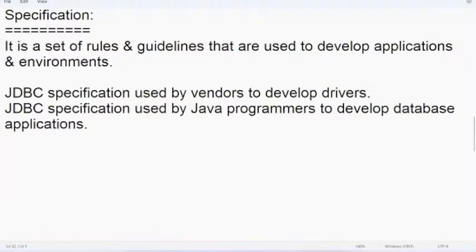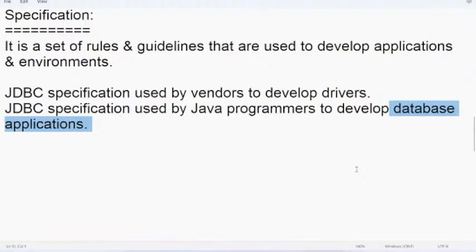Okay. Here, application is nothing but a database application. Environment is nothing but the driver. So the JDBC specification is used by vendors to develop the driver. The driver is nothing but one software environment, and the application is nothing but a database application. By using a programming language, you can write a program.